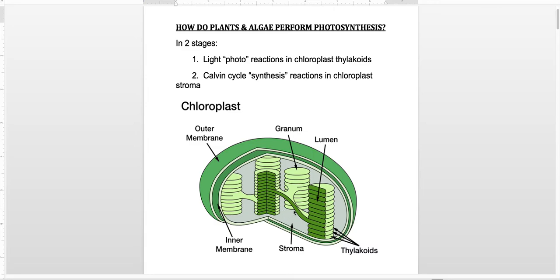But if you remember, the first rule of metabolism is you have to break things before you can build things. Like you have to break down your food before you can use those food chemicals to build new body parts. So photosynthesis is no exception to that basic metabolic rule. Before we can build sugar, which is actually the second part of photosynthesis called the Calvin cycle, which occurs in the stroma, we have to break something. We're going to break one of the chemicals that's necessary for photosynthesis.